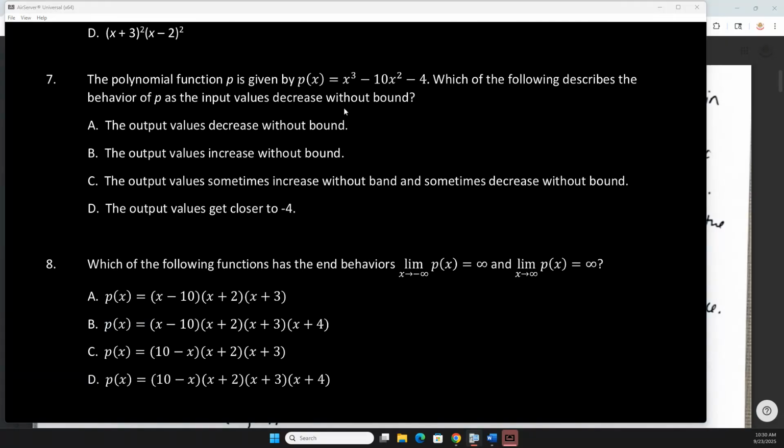So when it says input values, just think x values. The x values are decreasing without bound, which is going to be the left side. And then the output values are the y values. We want to know, what are the y values doing on the left side? What are the y values doing on the right side of this polynomial function?